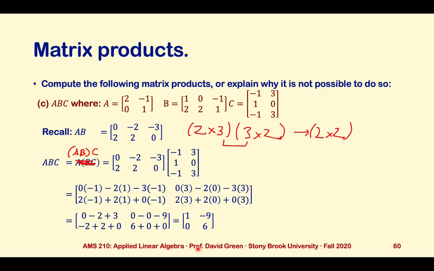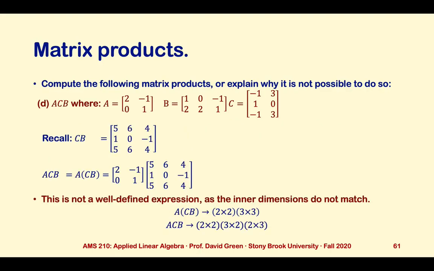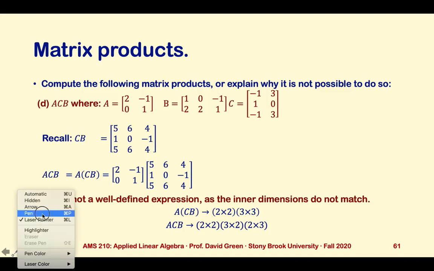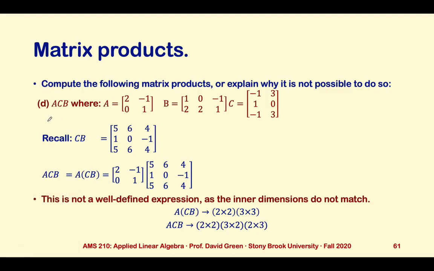All right. Let's move on to one more example. A times CB. Here, we've already computed CB, and so we may attempt to do this by evaluating the product A times CB, as we have here.